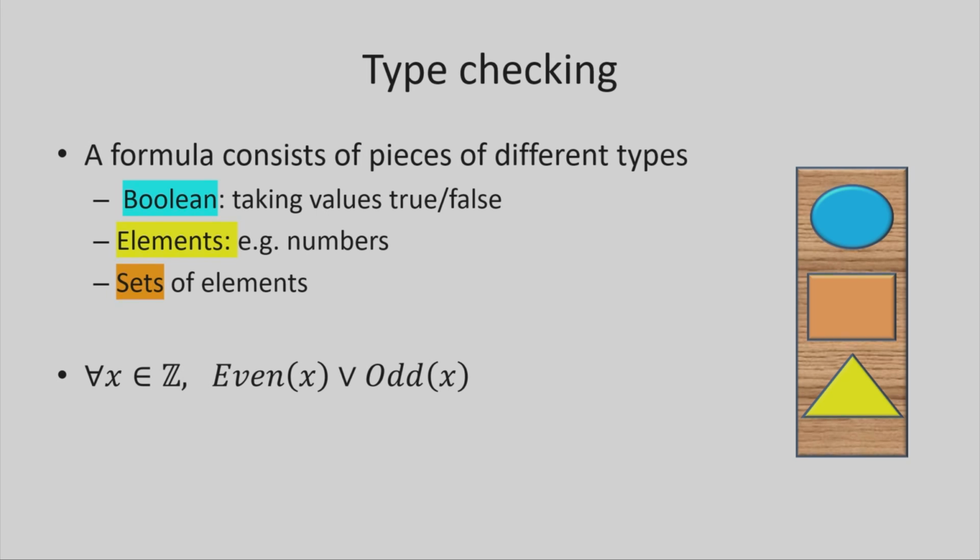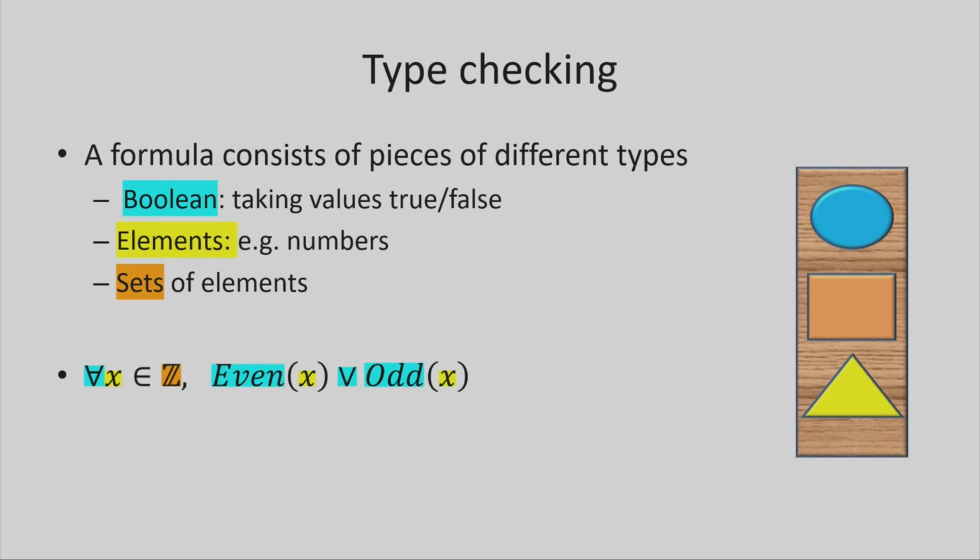Z stands for integers. So let's color it. So even and odd are predicates. They take as input something of type element and return something of type Boolean, that is, return something that's either true or false depending on the value of that x. The OR operation takes two Booleans and returns a Boolean, so the whole thing after the comma is Boolean.